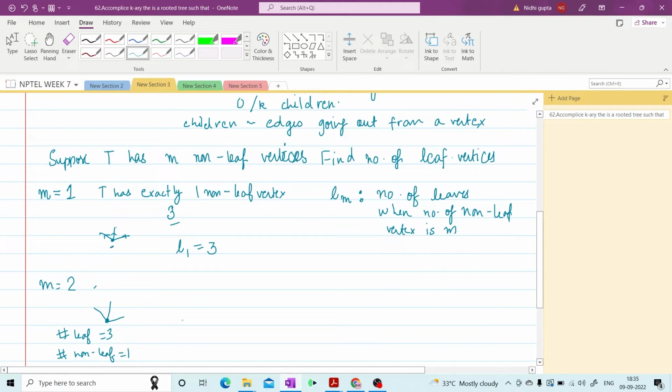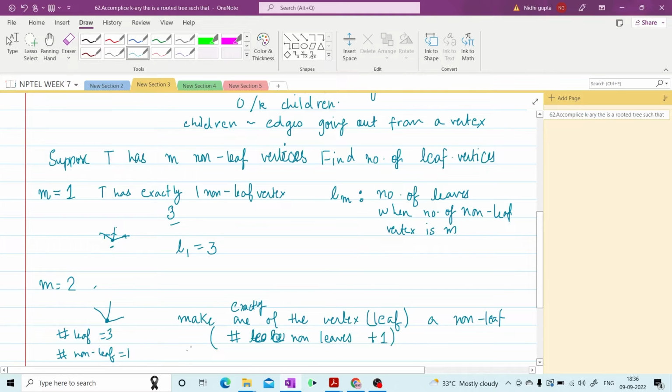So the next step is to make exactly one of the leaf vertices a non-leaf. The number of non-leaves will become plus 1.